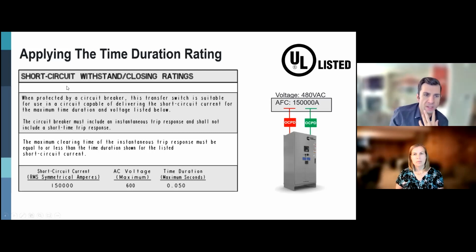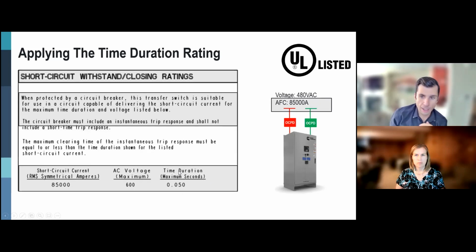Again, it's a short circuit withstand and closing rating. If we go back to the previous example, it lists 150,000 amps, the maximum voltage and the duration. If you remember, if we go down one more distribution board, it was at 85,000 amps. We look at this transfer switch, and it has a label that it's rated for 85,000 amps at 600 volts max for up to 0.05 seconds.